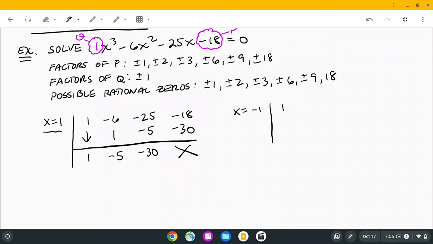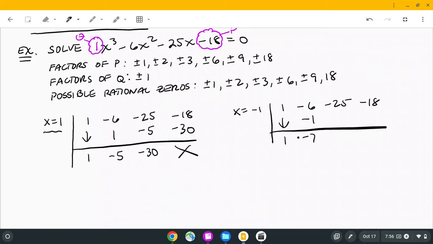Like I said, I like to go in order. All right. So bring down the 1. And then again, bring this down, multiply. 1 times -1 is -1. Put the answer here. Combine -6 and -1, that's -7.